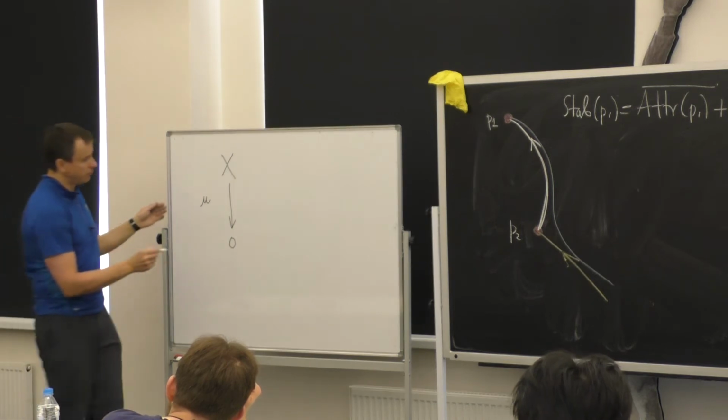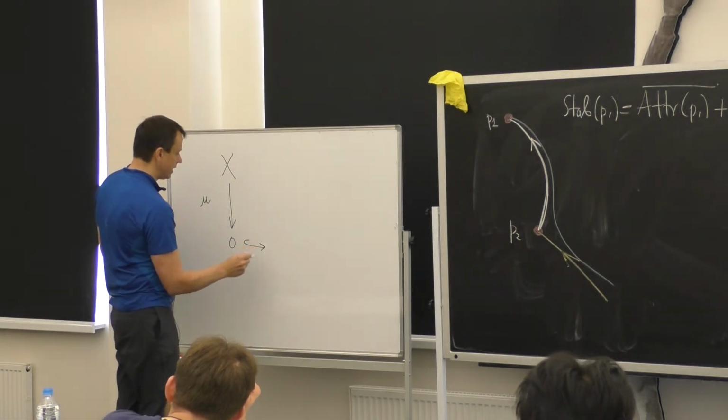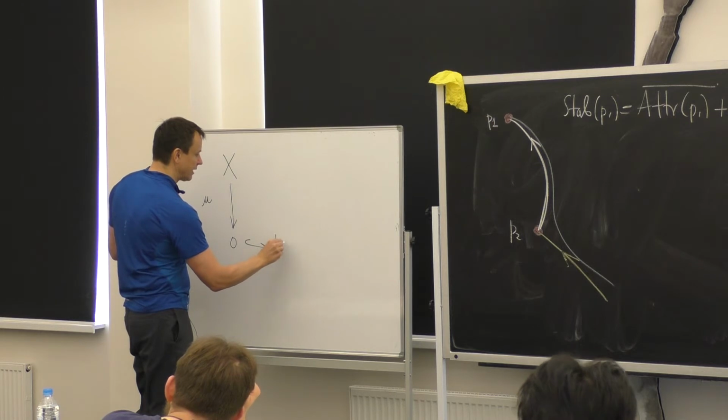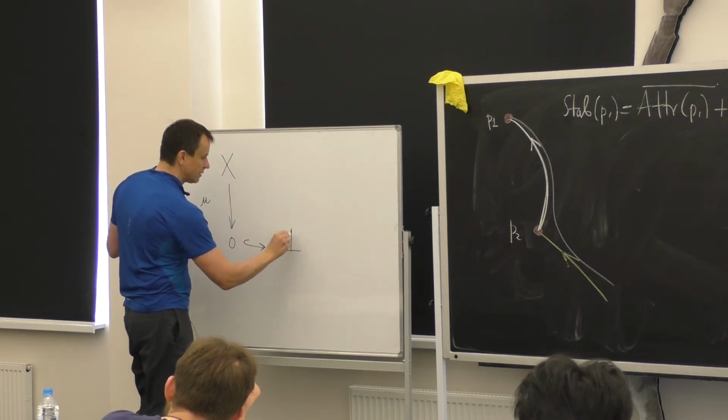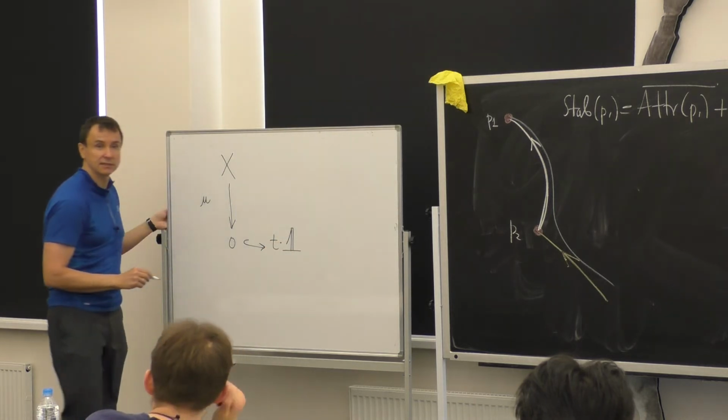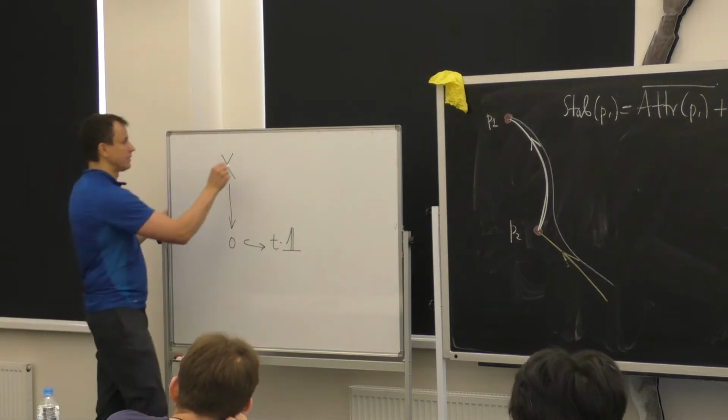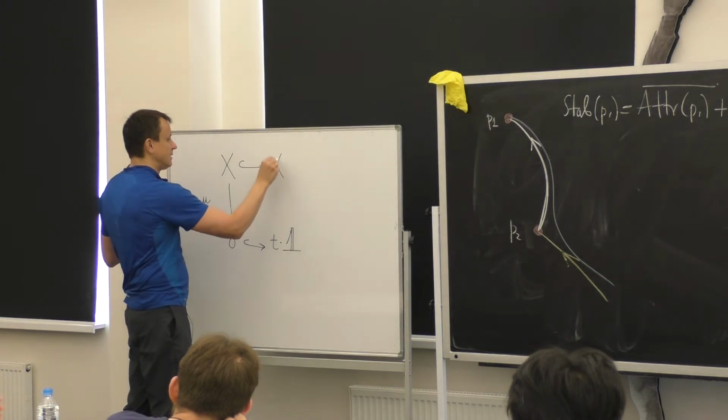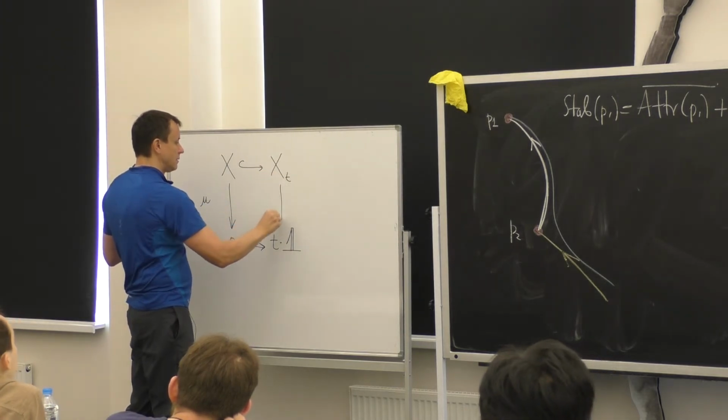And this we can deform. We can put it in a family where you take t times the identity matrix. This will be the deformation X_t, the fiber of that.